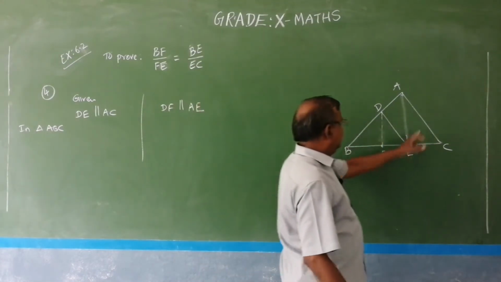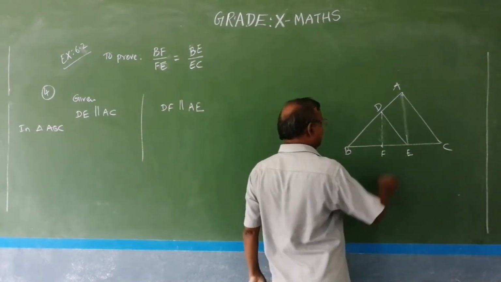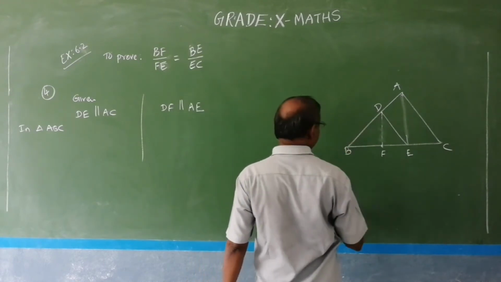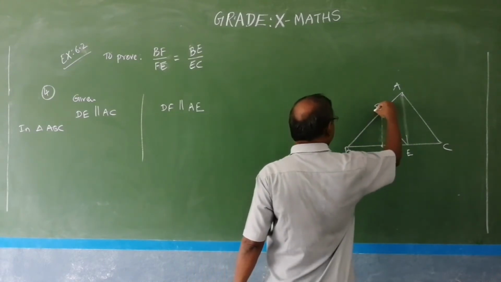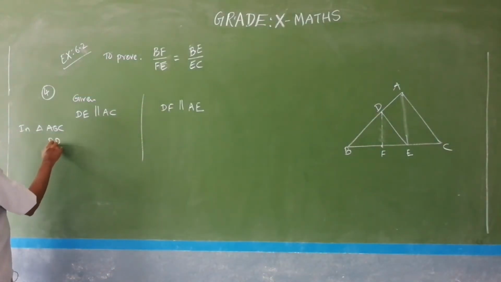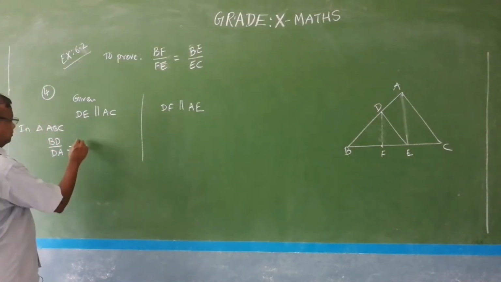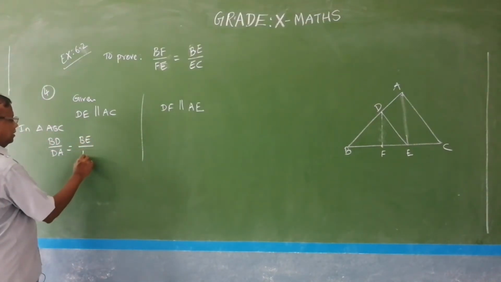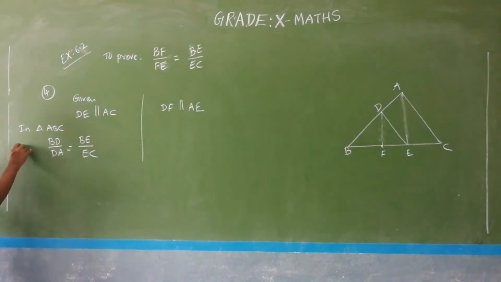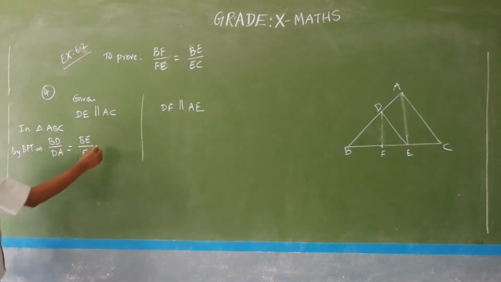Therefore, by BPT, BD by DA equal to BE by EC. Say this is first one. This is by basic proportionality theorem we have, and say this is 1.